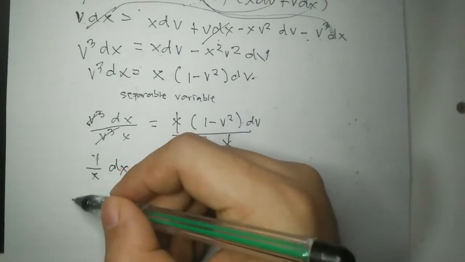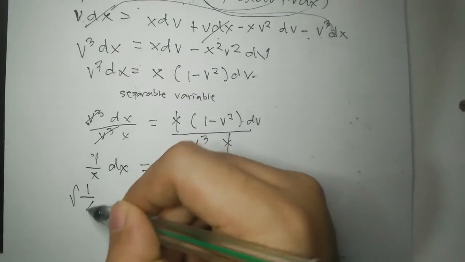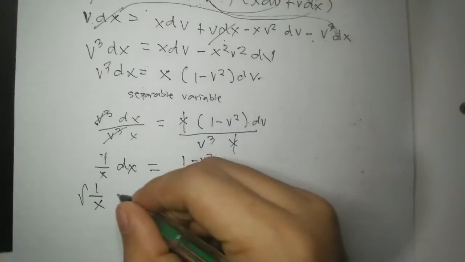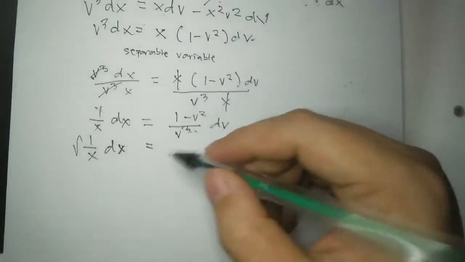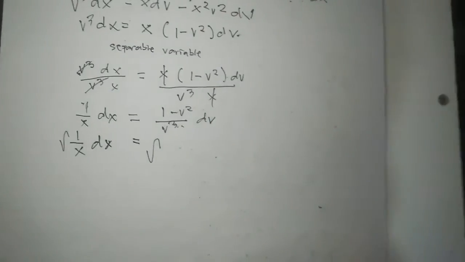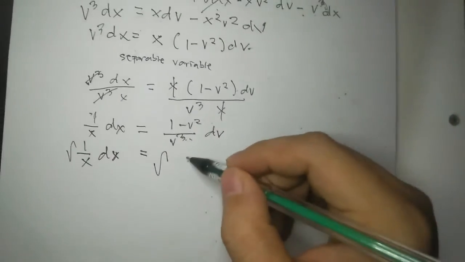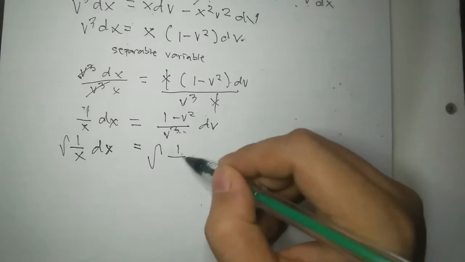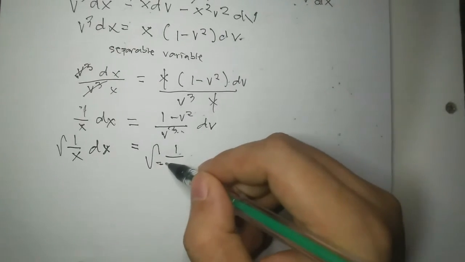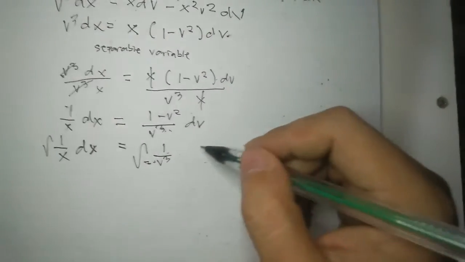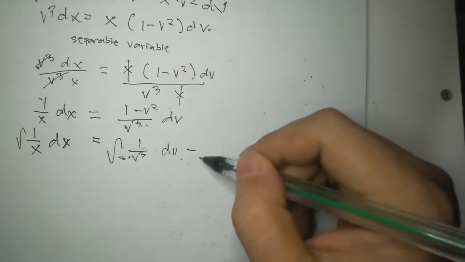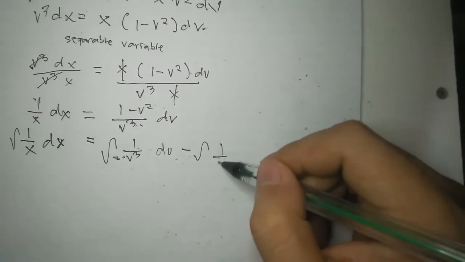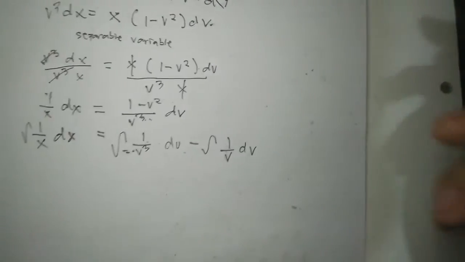So this will become the integration of 1 over v cubed dv minus the integral of 1 over v dv.